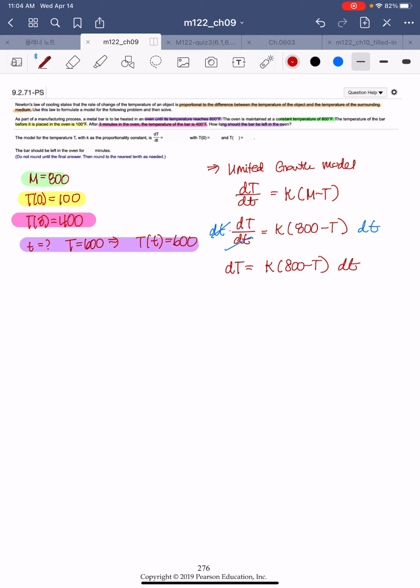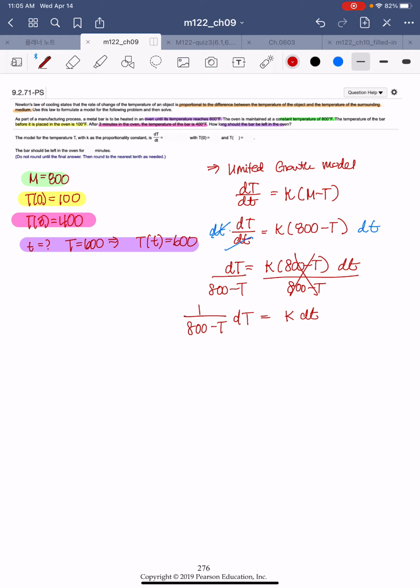I want to have the capital T on the other side, so let's divide by 800 minus T. So I have 1 over 800 minus T dT equal to k dt. So I have all the capital T on one side and dt on the other side. K is just a constant, a number, so this is fine.